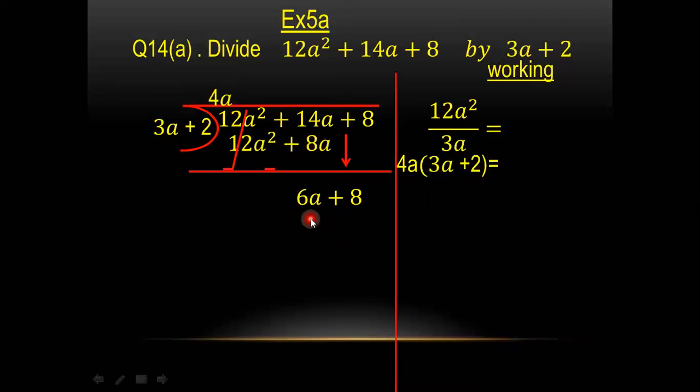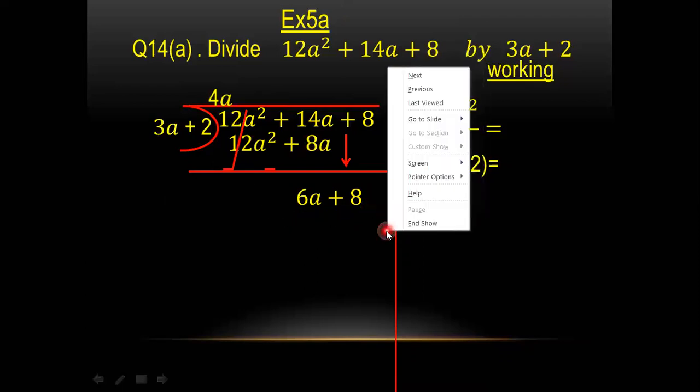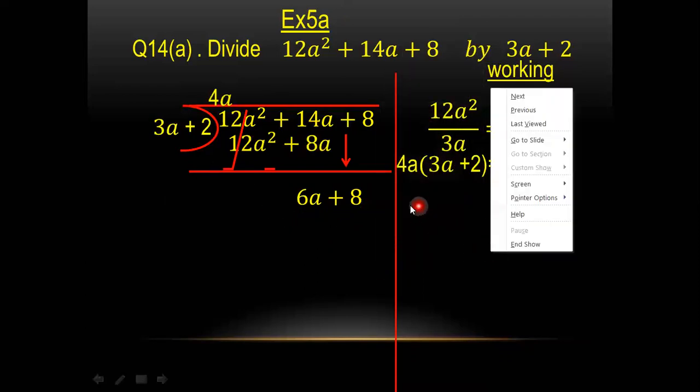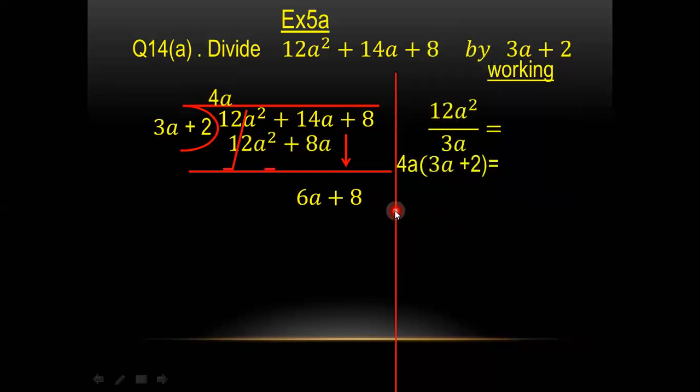Now what we can do is divide this 6a with this 3a to get a hint for the next term over here. So we will divide 6a by 3a over here in the working column, and it's a very simple division. You can directly cancel them out, and as an answer we are getting plus 2.